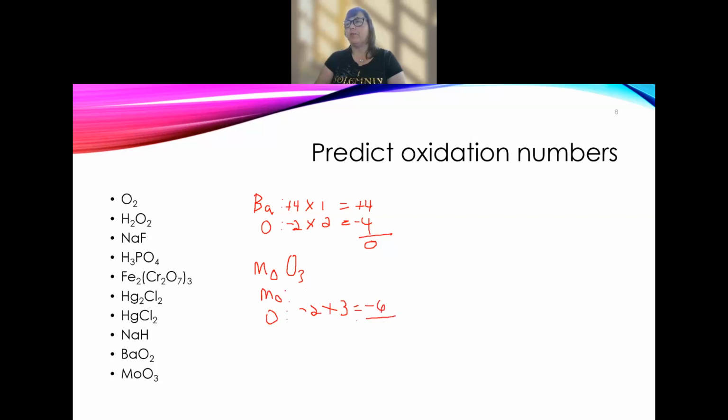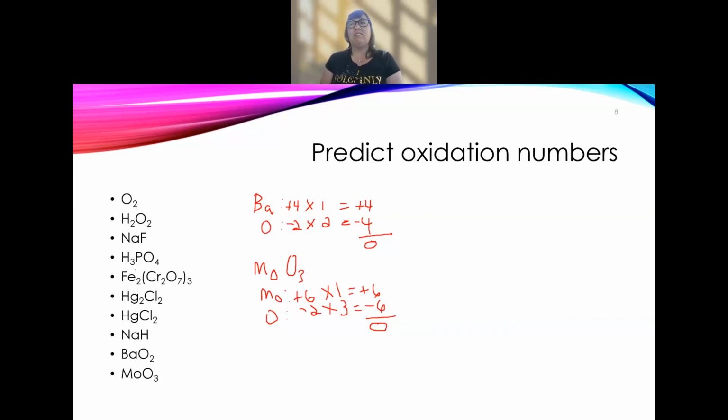I hate doing this with a mouse. This whole thing has to be a 0. I have my Mo there. In order for that to happen, that has to be a +6, because otherwise I don't get a 0. And since there's only one Mo, it has to be the source of the entire set of charge. So my oxidation number there is +6, and my oxidation number for the oxygen is -2. Okay? So that's how predicting oxidation numbers works.